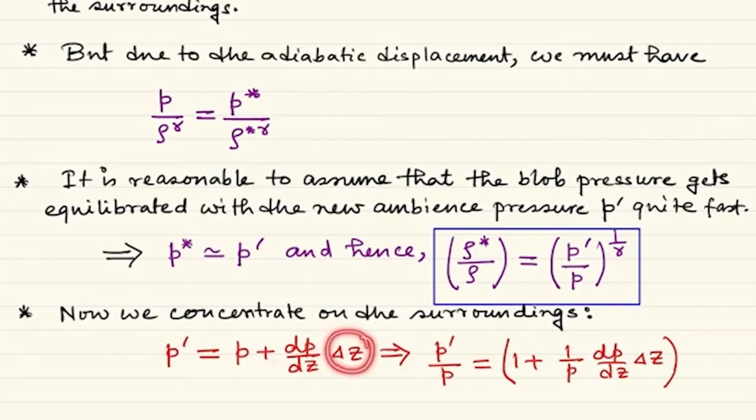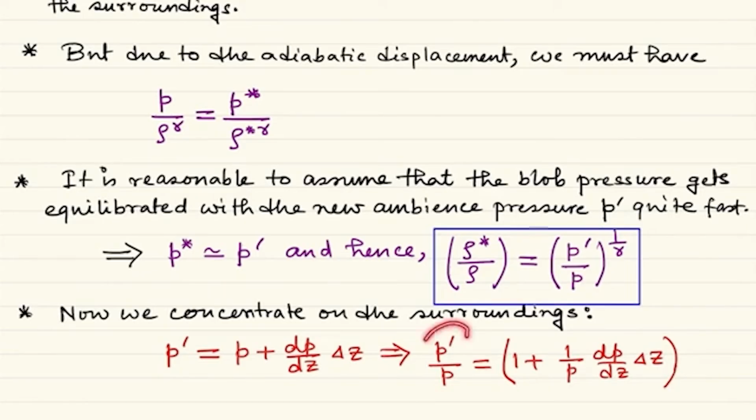Here delta z is the amount of vertical displacement, and dP dz is the normal pressure gradient in the surrounding fluid. So P prime by P will be 1 plus 1 by P dP dz times delta z.